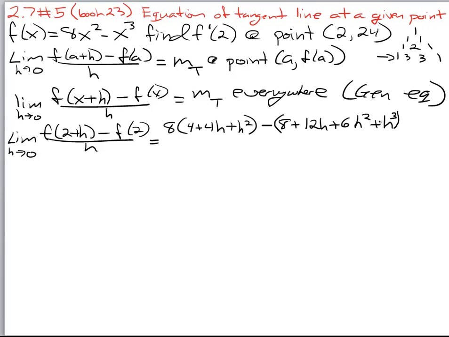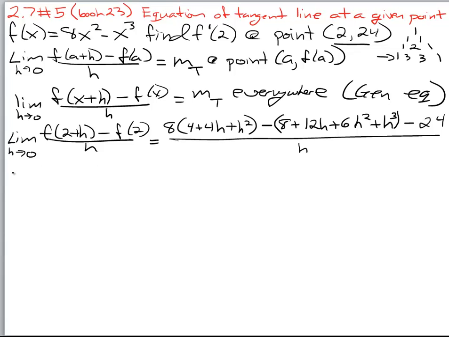So that's just f of 2 plus h. We still need to subtract f of 2, which is nice and easy because we have it up here, right? So it's just 24, all over h.